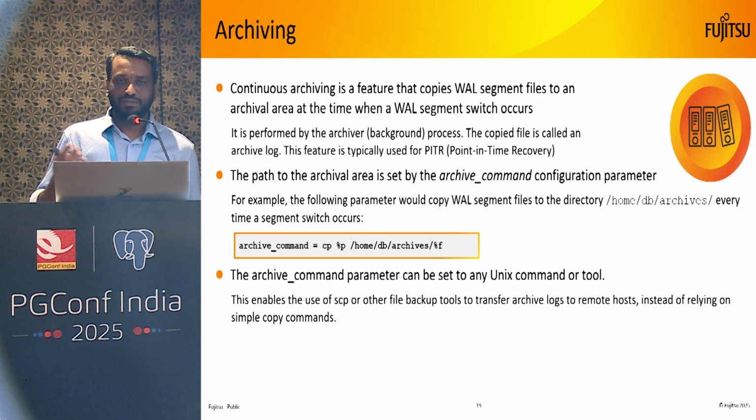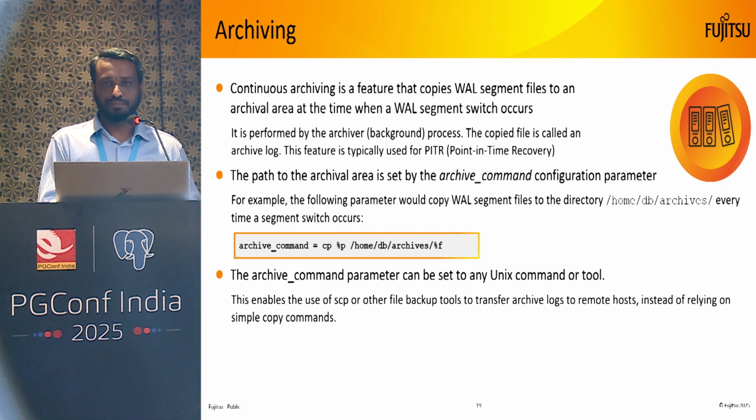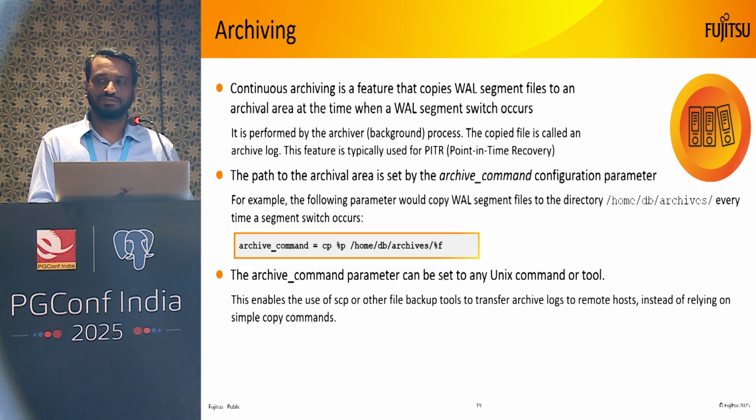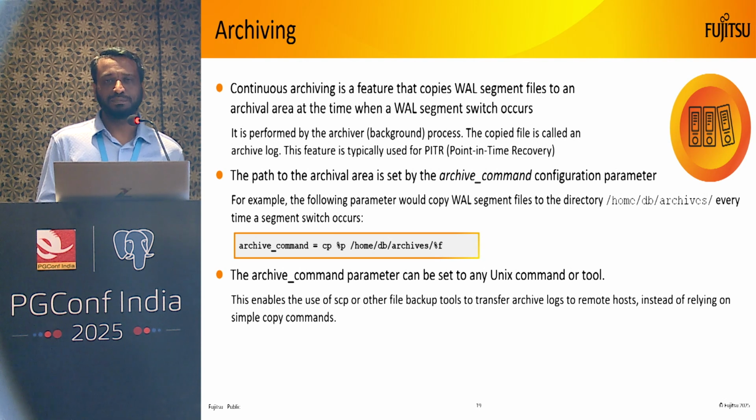So you can do a base backup once and keep taking the archive files. Then you can go back to the database at any point in time. You can specify what time you want to go, and you can recover the database at that point.